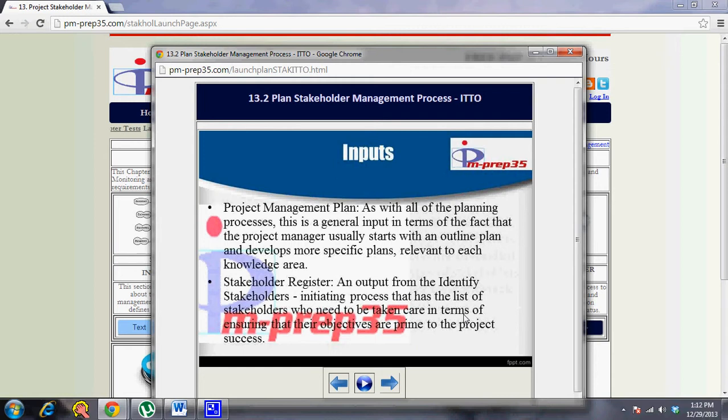As part of all the subsidiary plans, the stakeholder management plan takes care of all the processes within the project stakeholder management knowledge area, with forethought about the different processes in that knowledge area.